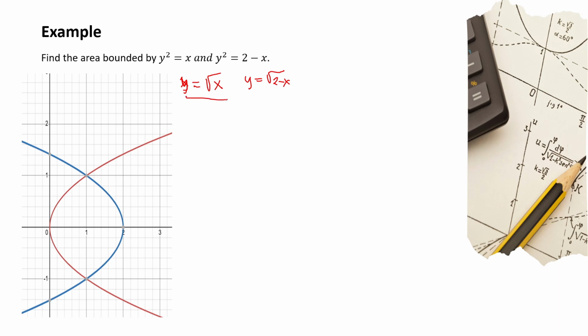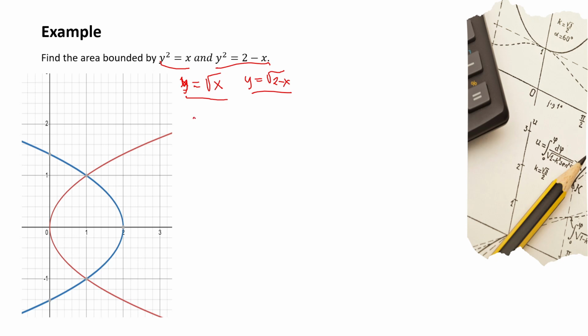We could have this in terms of x or in terms of y. In terms of y, we could compute it by using horizontal stripping, based on the equations we have graphed already: y squared equals x and y squared equals 2 minus x.